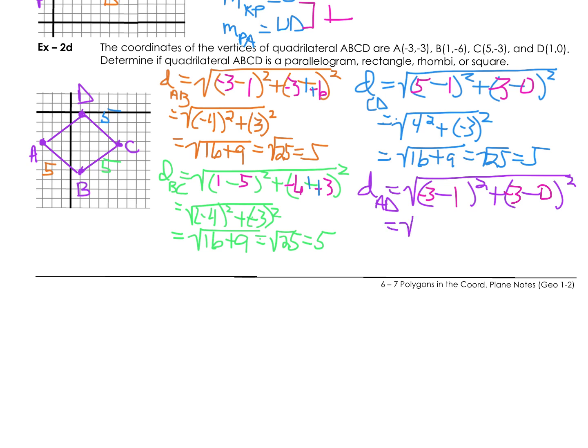So this is equal to -3 minus 1 is -4 squared, plus -3 minus 0 is -3 squared, which equals the square root of 16 plus 9, square root of 25, which is 5.